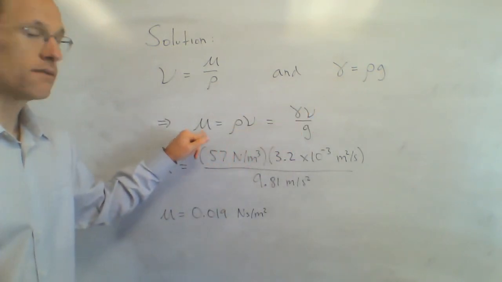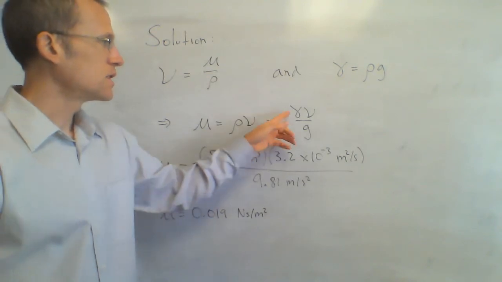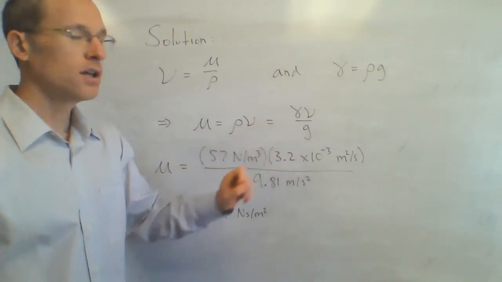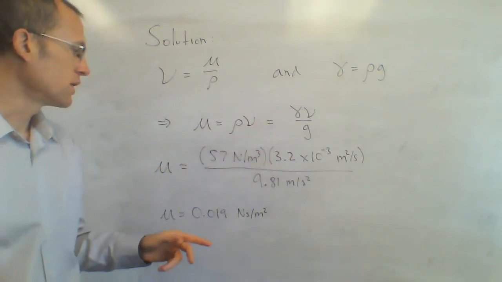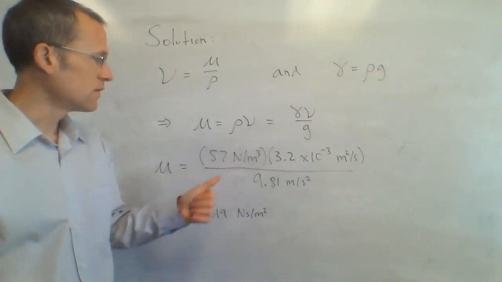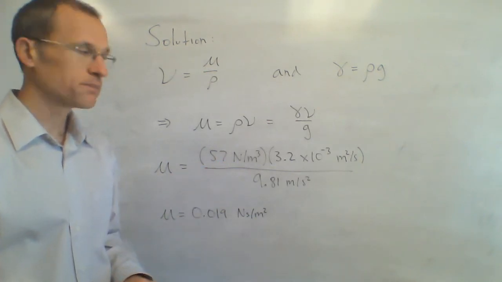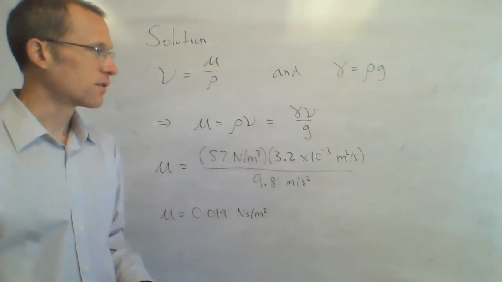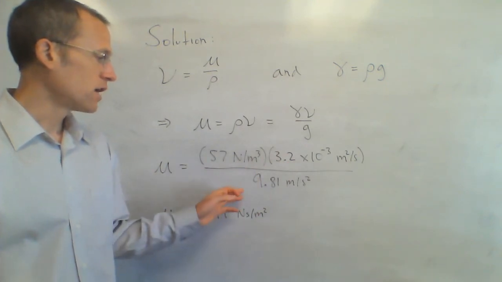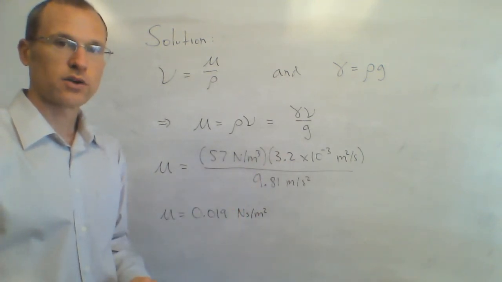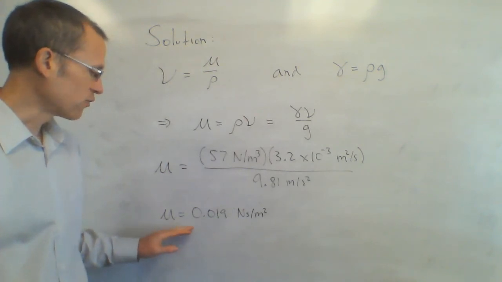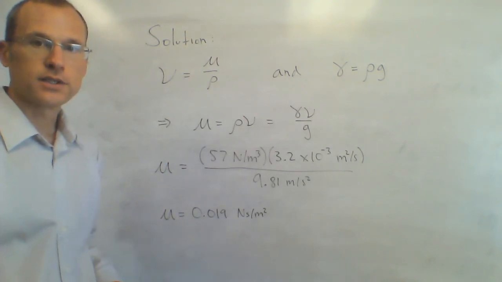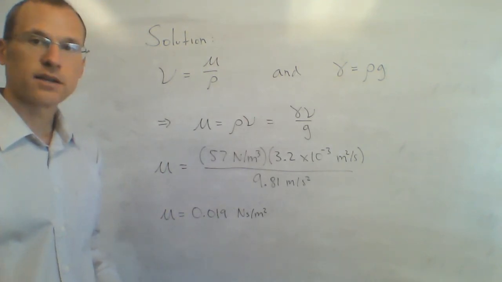So I can find my viscosity by taking specific weight times kinematic viscosity divided by gravity. Doing that, viscosity is 57 newtons per cubic meter times 3.2 times 10 to the negative third meters squared per second divided by 9.81 meters per second squared, which gives me a value for my viscosity of 0.019 newton second per meter squared.